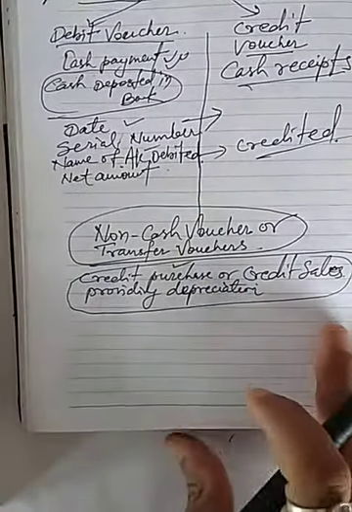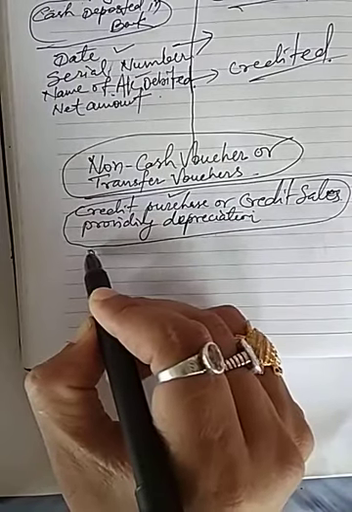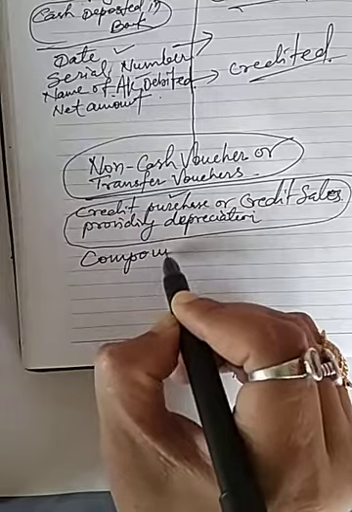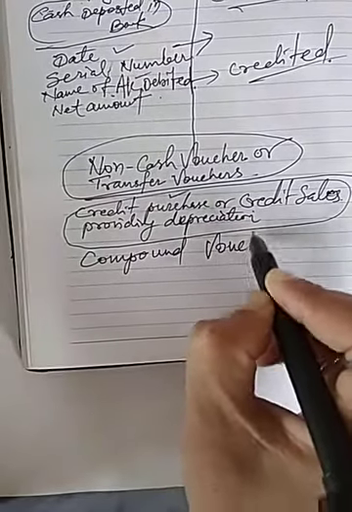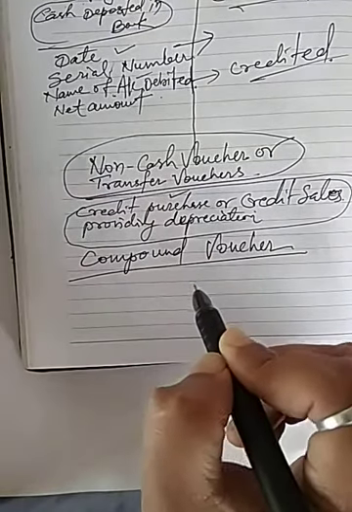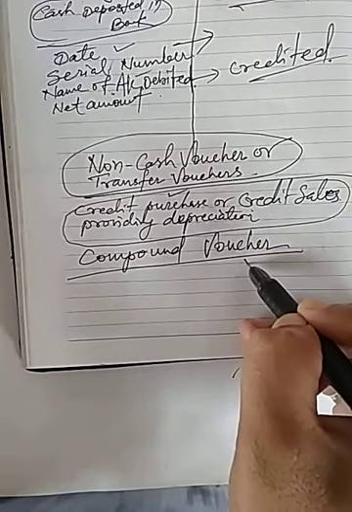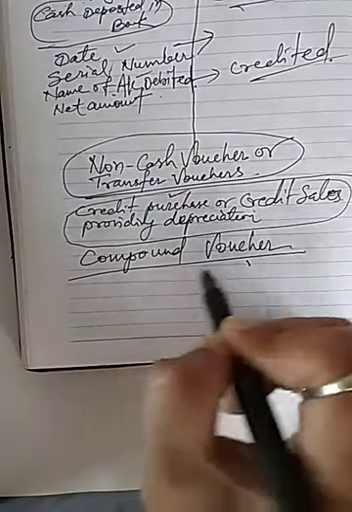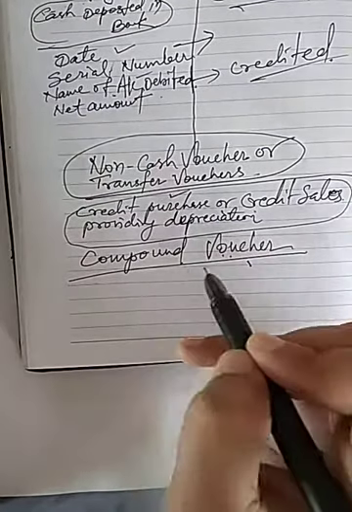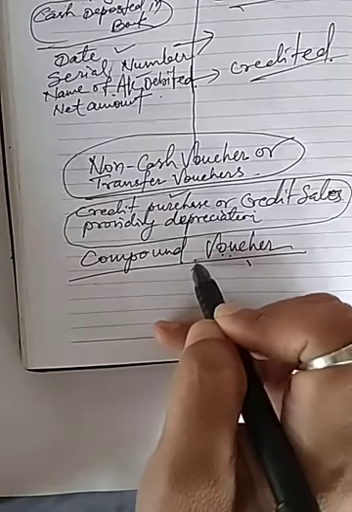Now the last thing is the compound voucher. A compound voucher is a document showing a transaction that contains multiple debits and one credit, or multiple credits and one debit.